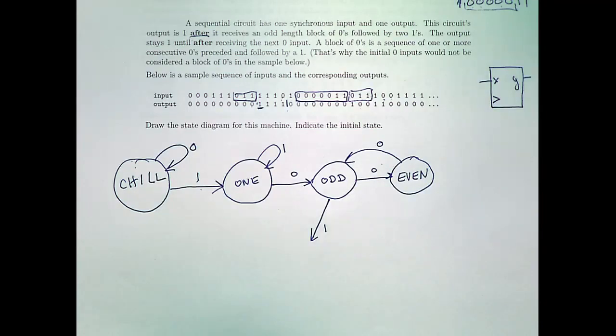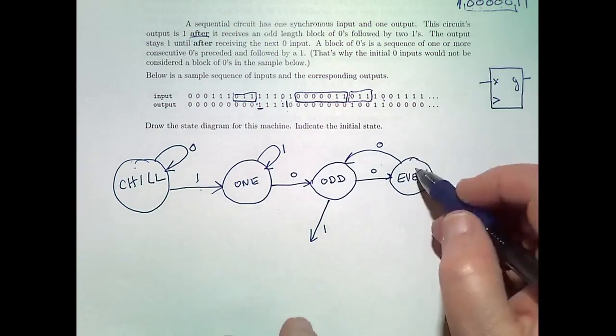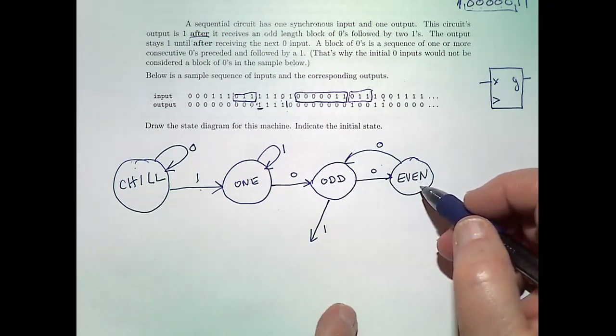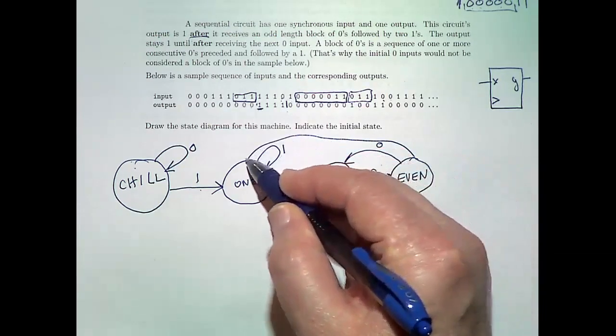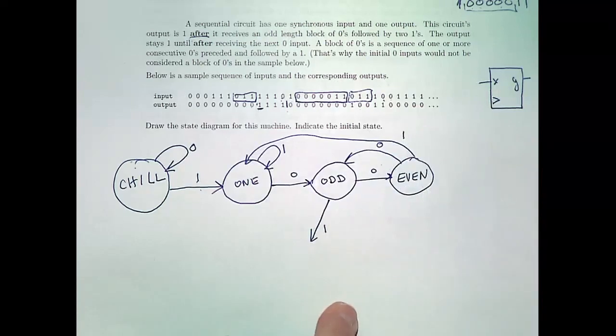Yeah? Okay, so if I have an even block of zeros, that's not interesting, right? So I'm just going to go back to square 1. Right, now I've got my 1, so I'm waiting for the next block of zeros to start.